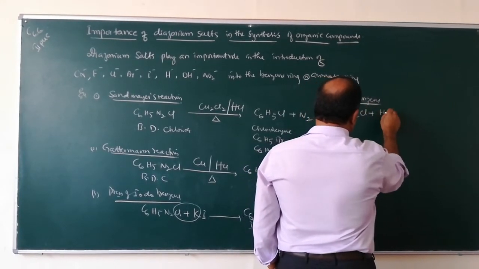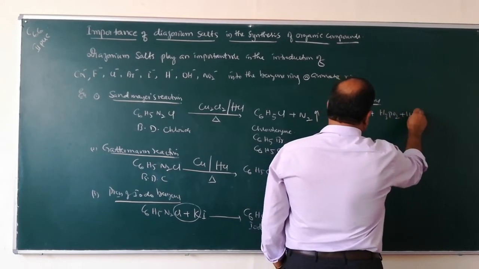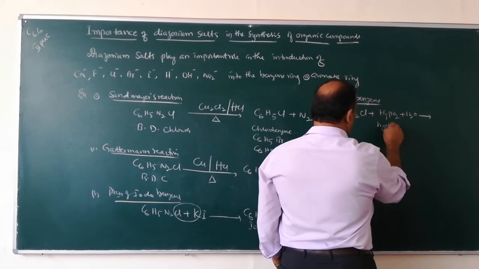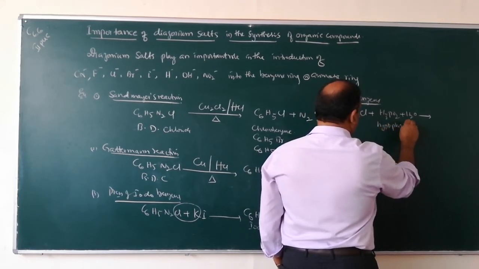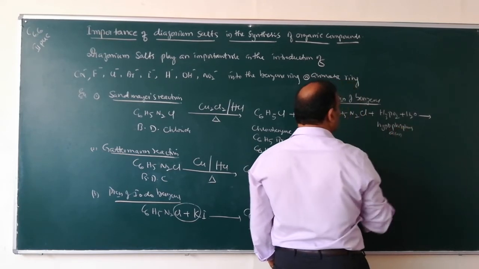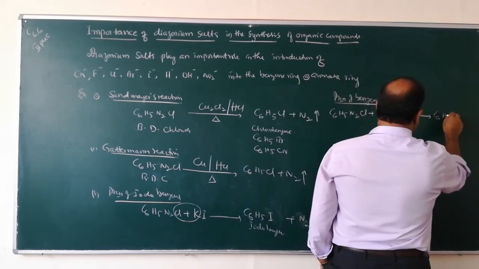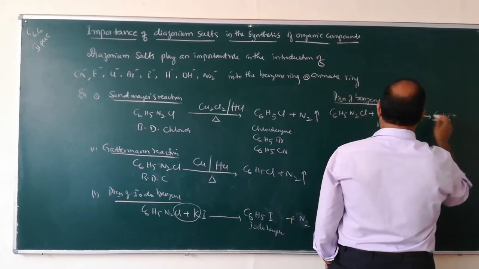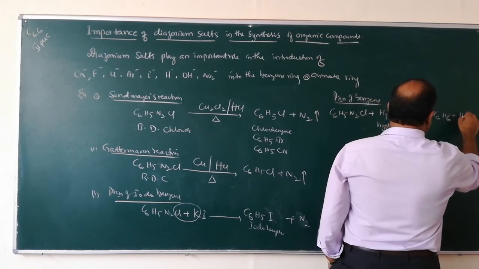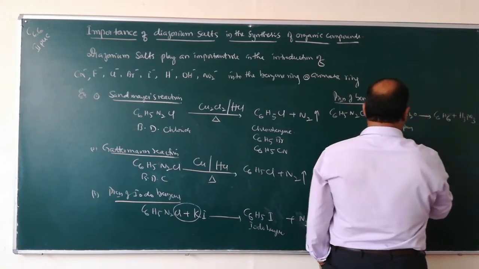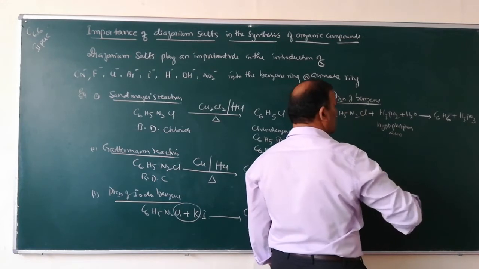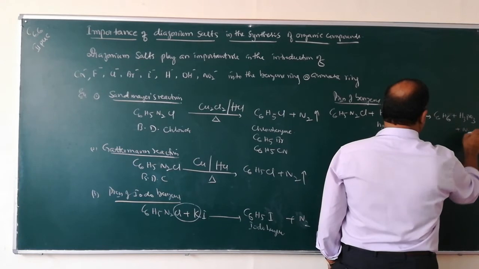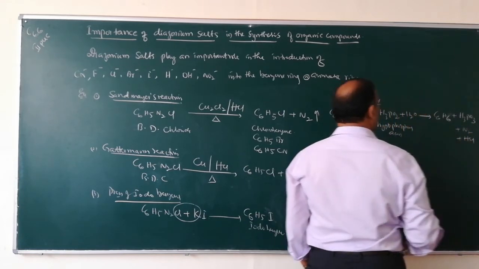C6H5N2Cl plus H3PO2 in presence of water. This is benzene diazonium chloride. This is hypophosphorous acid. What happens? C6H6 plus H3PO3, hypophosphorous acid is oxidized to phosphorous acid, plus N2 plus HCl.